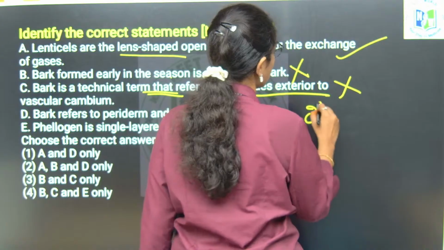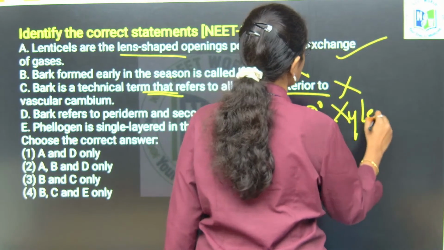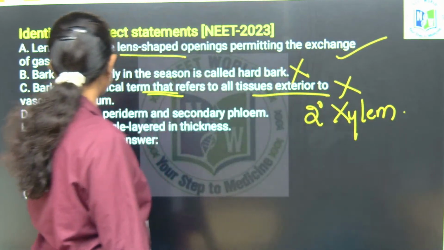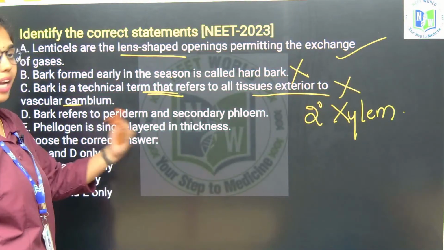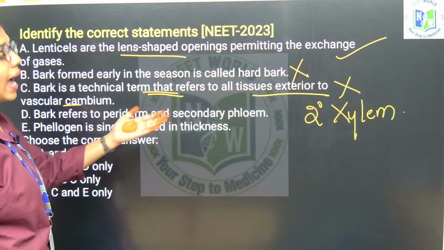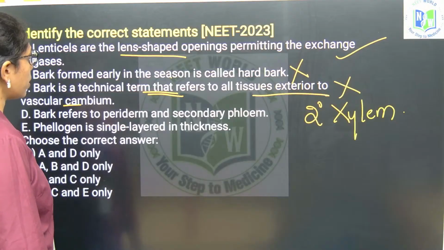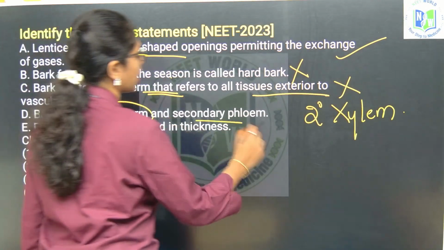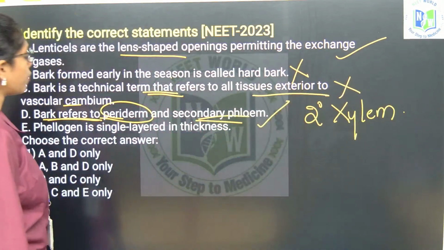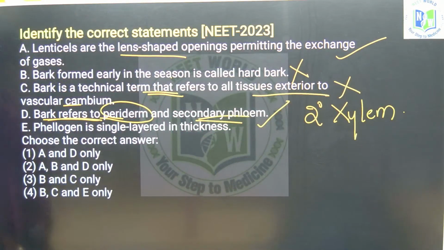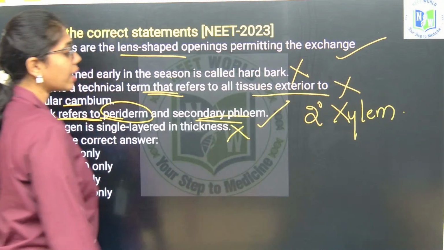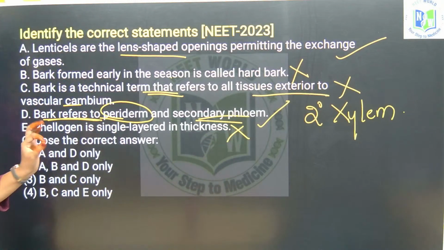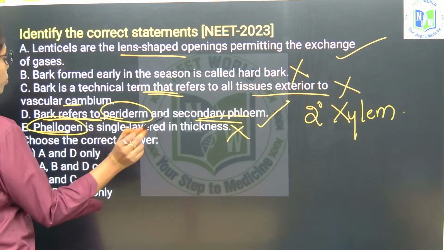So after secondary xylem come vascular cambium, primary phloem, secondary phloem and periderm, and everything comes under bark only. So bark refers to periderm and secondary phloem, true. Next, phellogen is single layered in thickness, no. Phellogen, which is cork cambium, can be 2 to 3 layered.